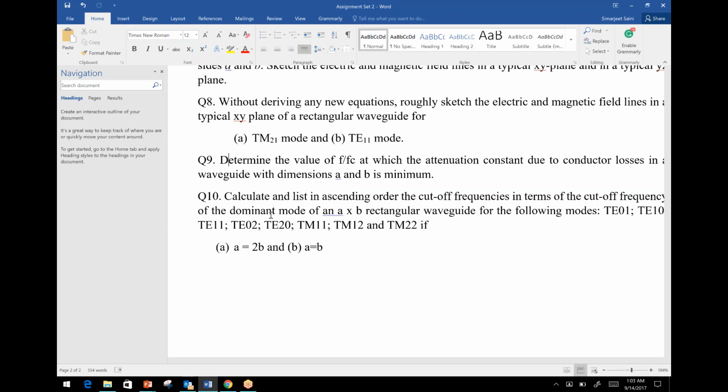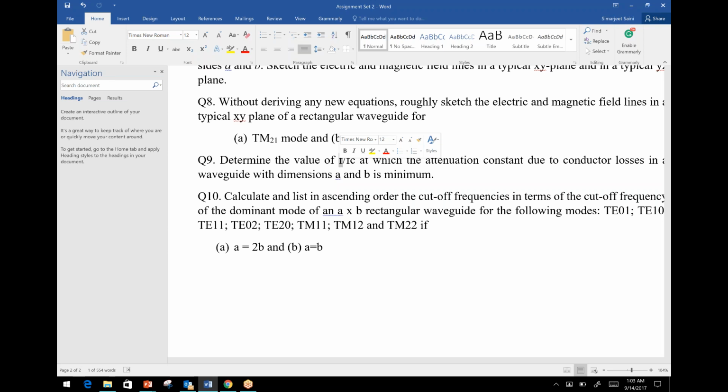Sir, in the ninth problem, we have a question. Yes. The derivative we should take with respect to what, sir? The attenuation. So let me ask you the question then. If you have to minimize a function, with respect to what do we need to differentiate the attenuation?